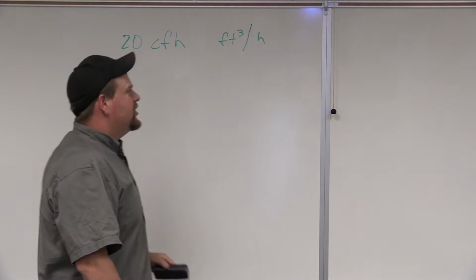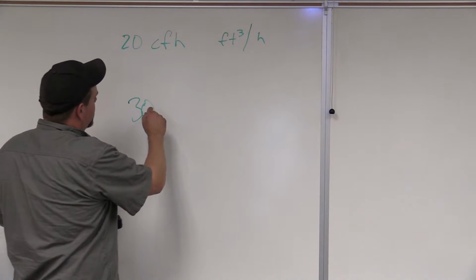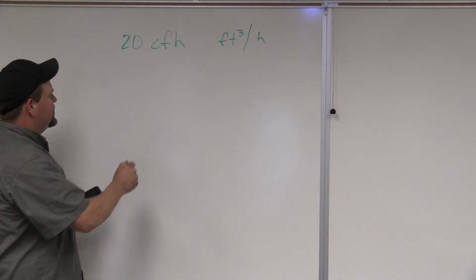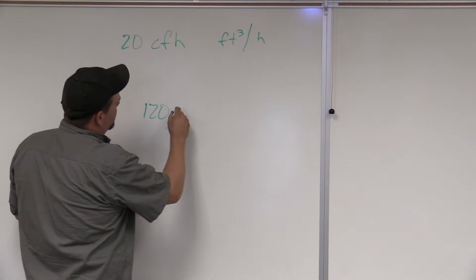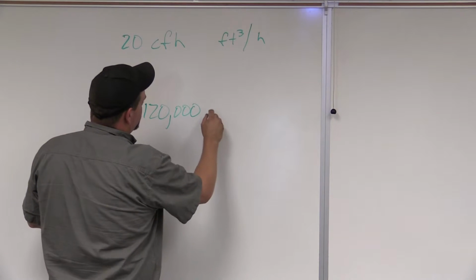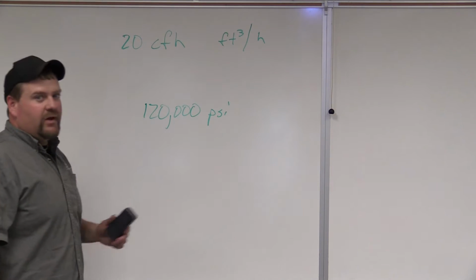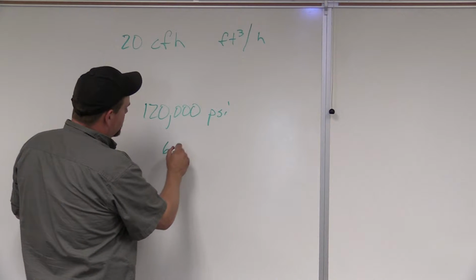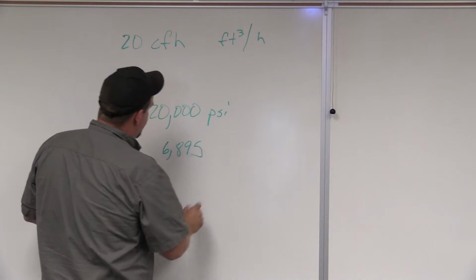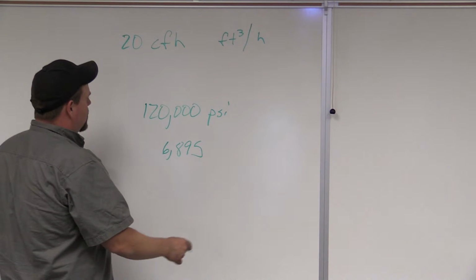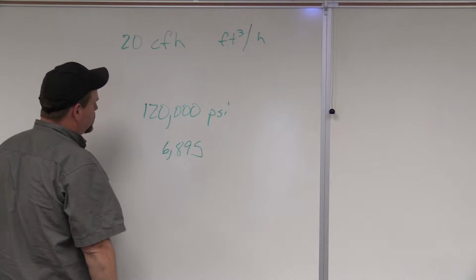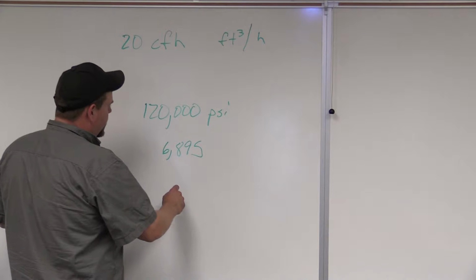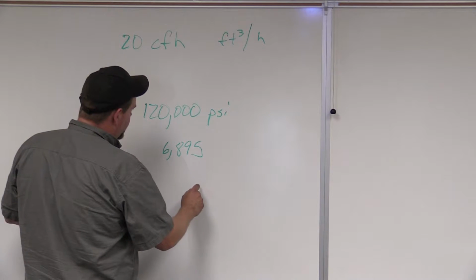And that matters when we start dealing with, say, a stainless steel. What's the tensile strength of stainless steel? Let's give it a fairly odd number, 120,000 psi. If we converted that to normal pascals, times 6,895, we would have a tremendous number.